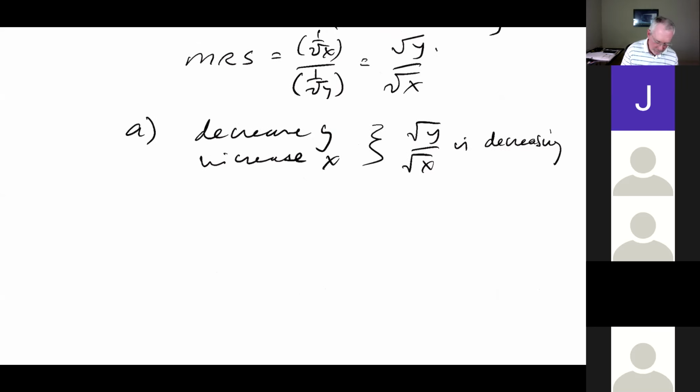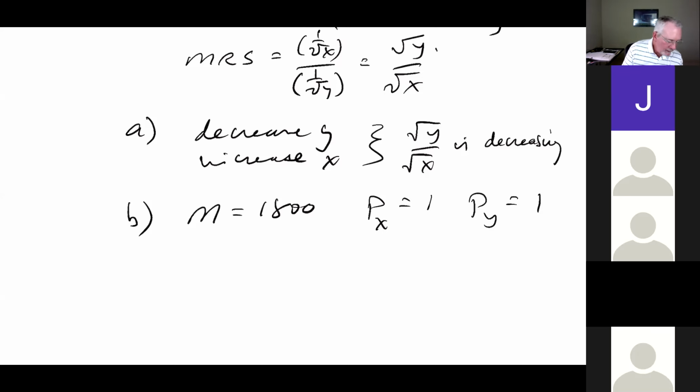Then it says, part B, suppose his monthly income is $1,800 and X and Y both cost $1 per unit. What is his best choice?